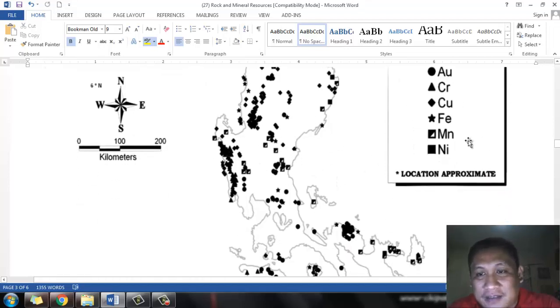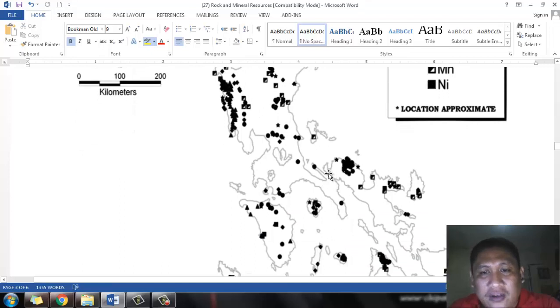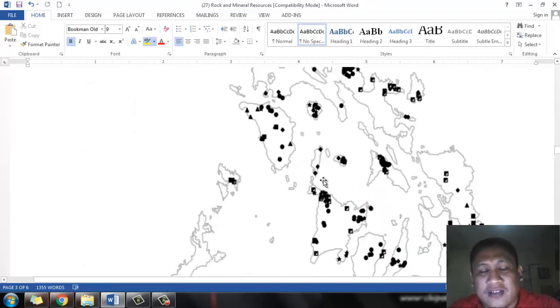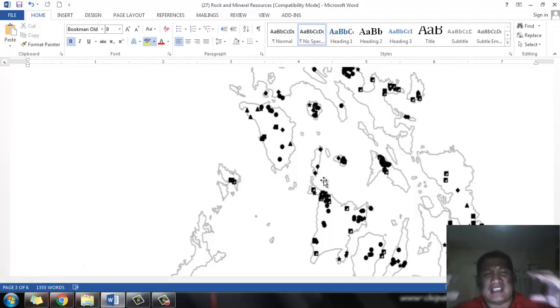So you can find here manganese, Mn, Fe, iron, the star, and the square, nickel. You can find them all over the Philippines because we are located in the Circum-Pacific Belt, or what we also call the Pacific Ring of Fire. Because of the heat beneath, different minerals are deposited on the rocks and we can mine them.